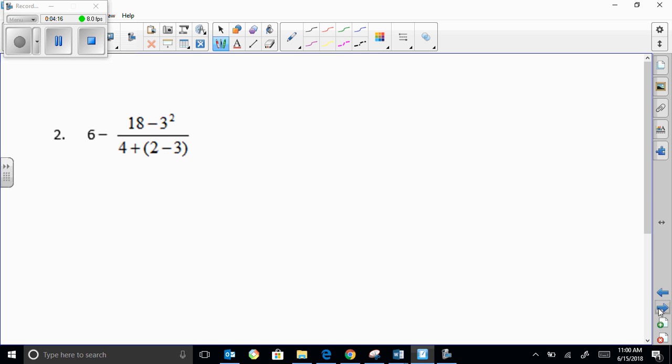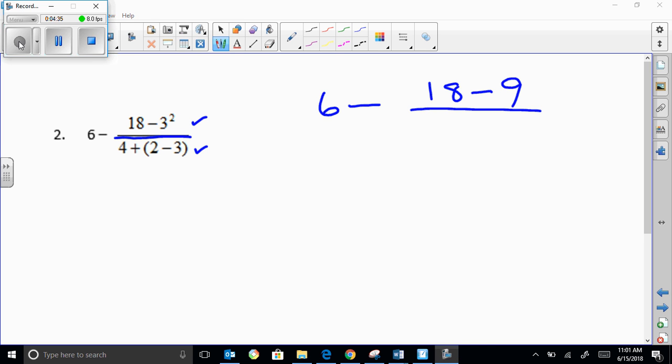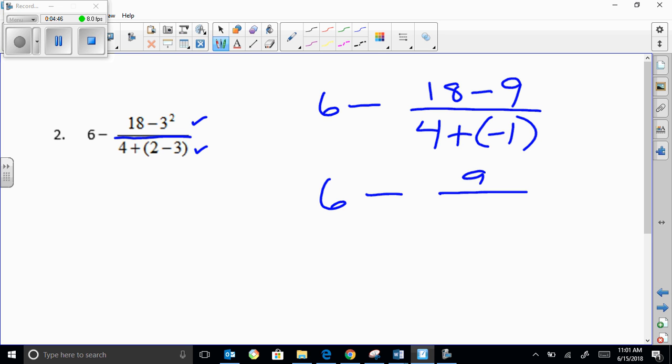Number 2: this fraction bar is a grouping symbol. So I'm going to complete my numerator and complete my denominator before putting the two of them together. I have 6 minus 18 minus 9, which is 9.